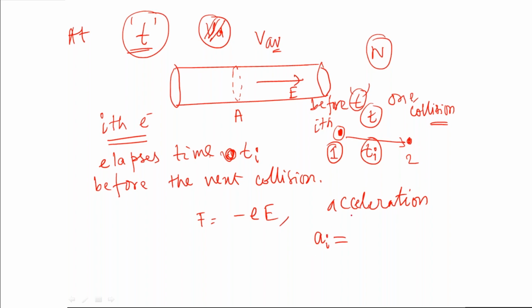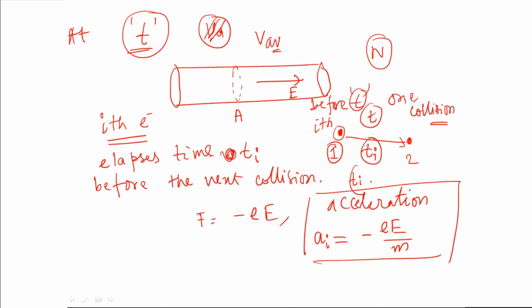It is eE by m, force divided by the mass of the electron. This is the acceleration it will have during this time ti. So I can find the velocity after time t, or ti, whatever you say. This time t is, in general, the total time of the phenomenon. I'm looking at the phenomenon for a duration of time t.